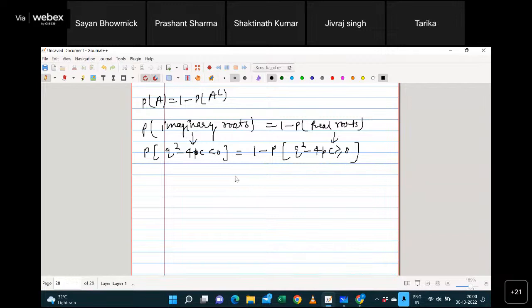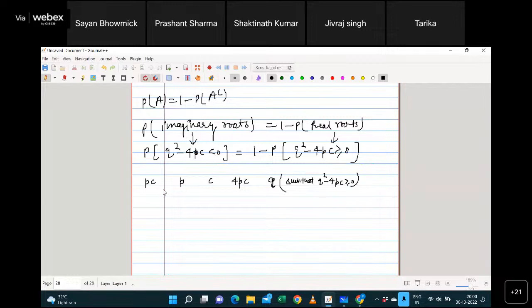So we need p, c, q. Let me make a column of p, then this is c, then let me make 4pc. Suppose my q is such that, I'm going to make a column of q, I mean the value q can take such that q square minus 4pc should be greater or equal to 0.